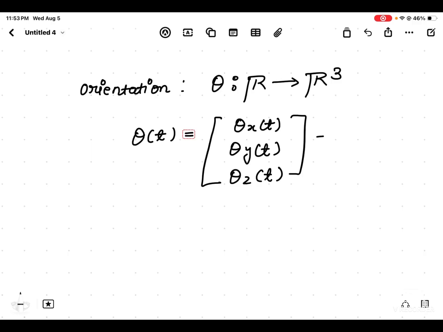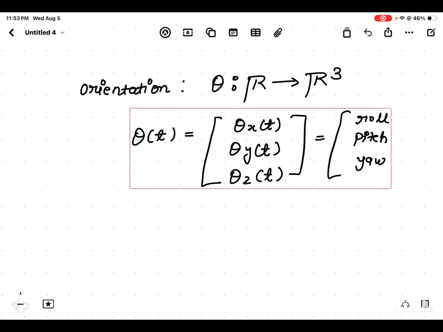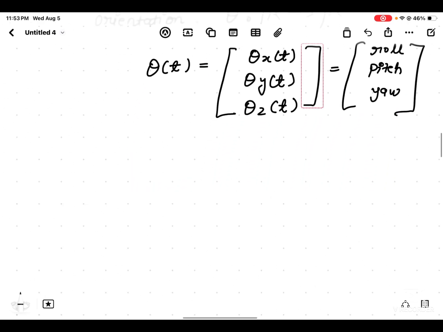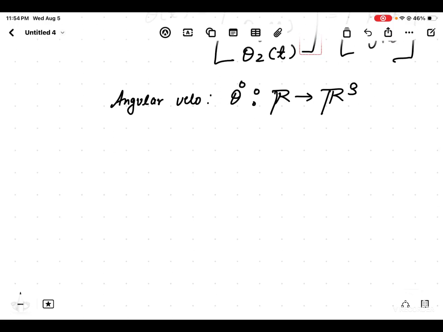These are nothing but roll, pitch, and yaw values. So, like we calculated linear velocity previously, here we calculate angular velocity. In a similar way, theta dot, theta double dot, it's the same, belonging to third dimensional space.